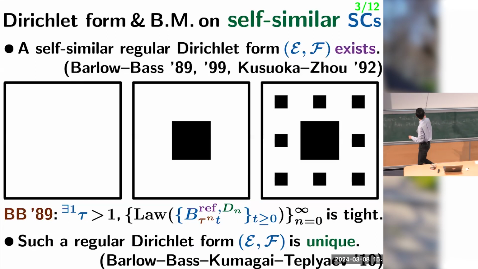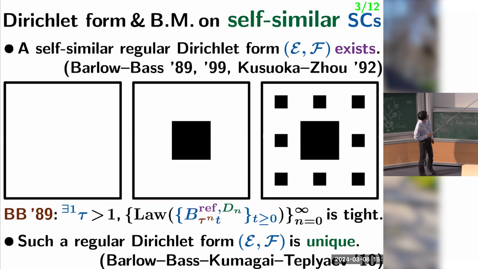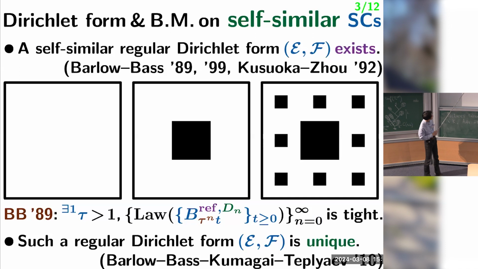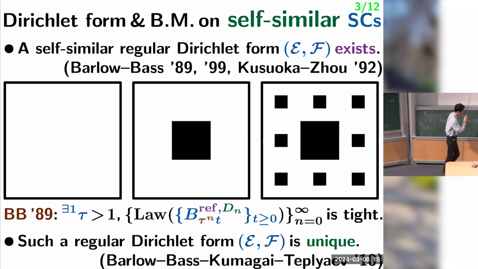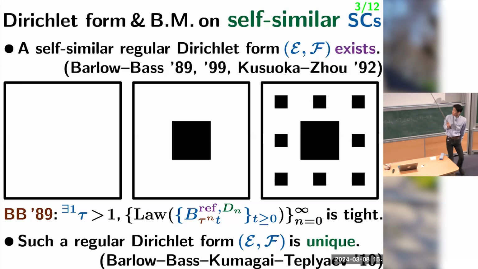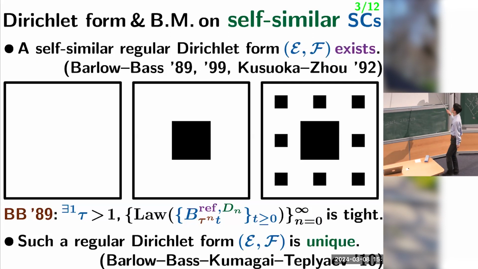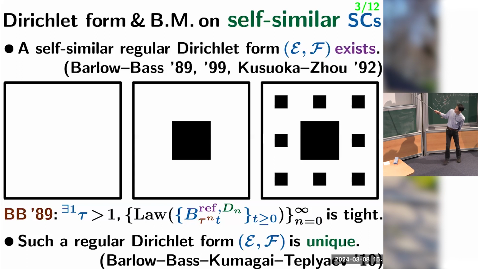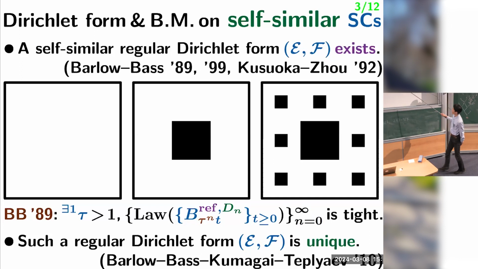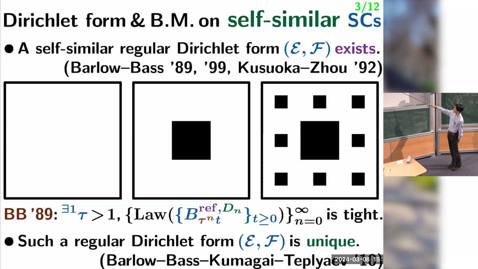So this shows the initial construction of the Brownian motion on the Sierpinski carpet due to Barlow and Bass in 1989. They considered the sequence of reflecting Brownian motions on this sequence of approximating Euclidean domains in the plane. And on each domain, they considered some suitable scaling of the reflecting Brownian motion.